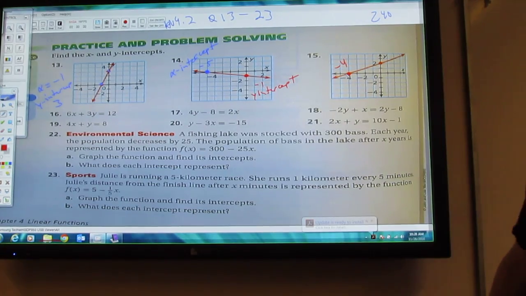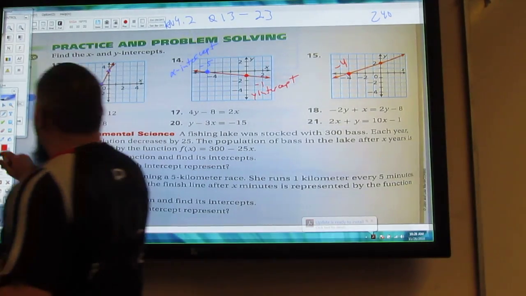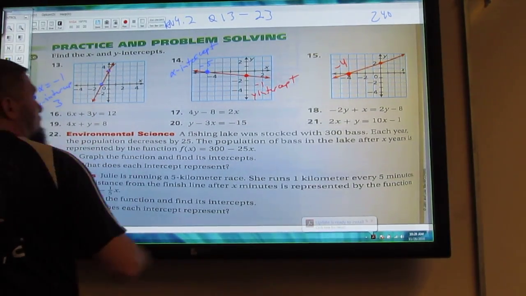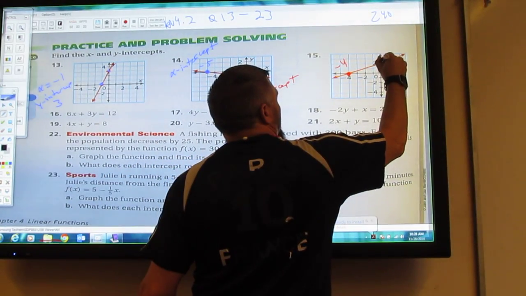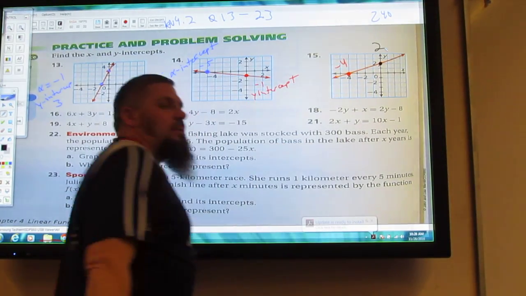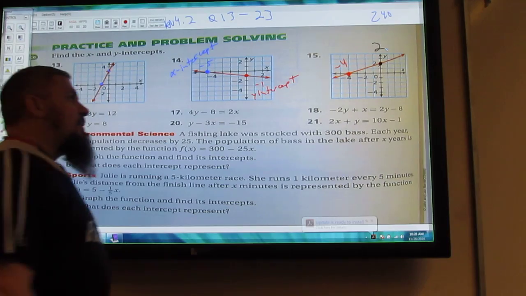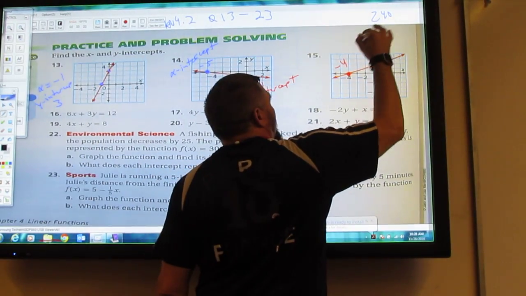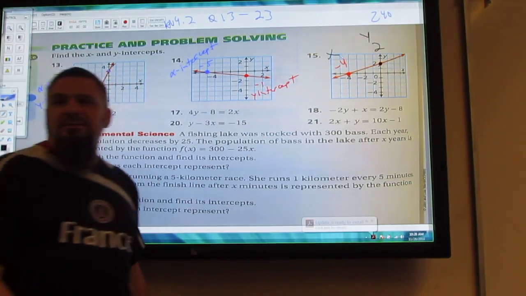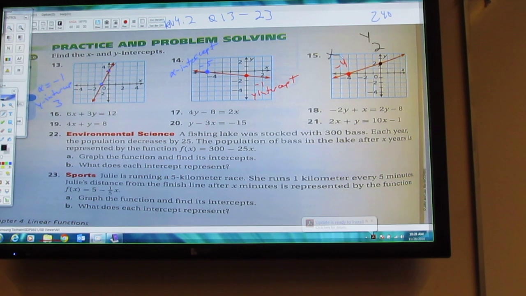Where is the y-intercept? 2. So that's simple. The y and the x. The intercept is where it crosses the x-axis or the y-axis. Right?